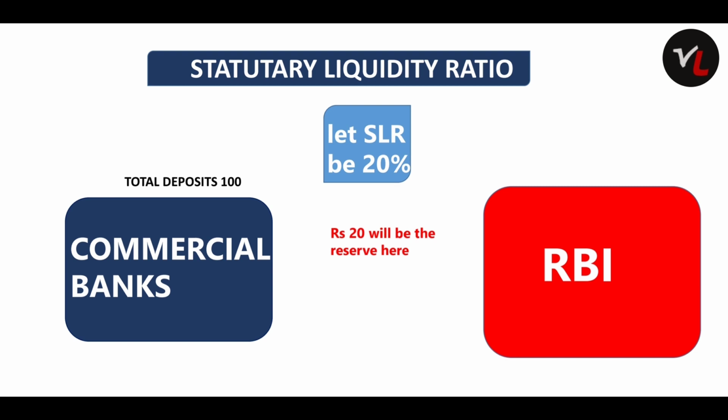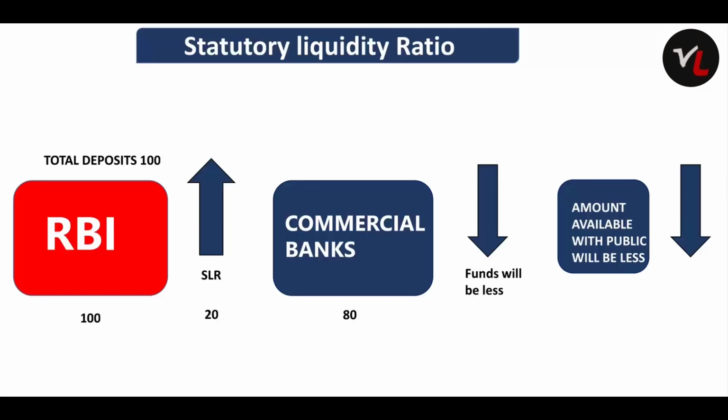Now let us check out how we can increase or decrease the SLR to increase or decrease the money supply in the market. Let us consider an example. Here commercial banks have a total deposit of 100 rupees. Now RBI stipulates an SLR of 20% to be maintained. So commercial banks now have 80 rupees only to lend to people.